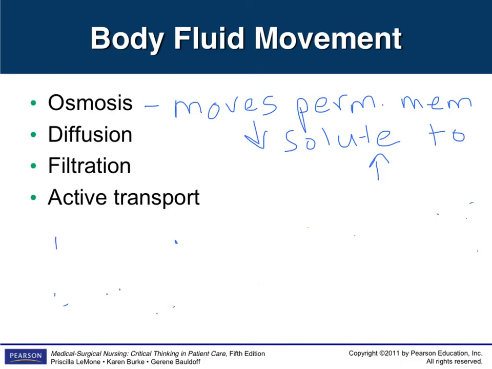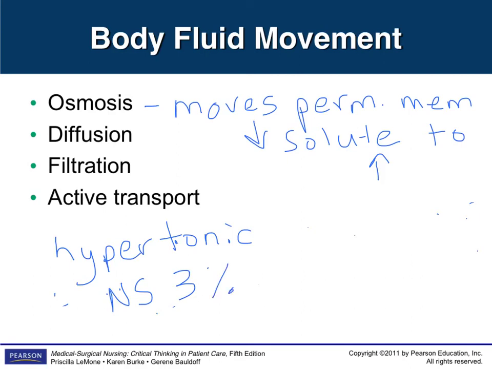So when you have a hypertonic solution, this is the greater concentration of solutes than plasma. So the water is drawn out of the cell, causing that cell to shrink up. It isn't your normal saline, but it is 3% normal saline.